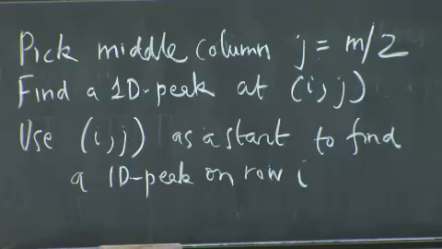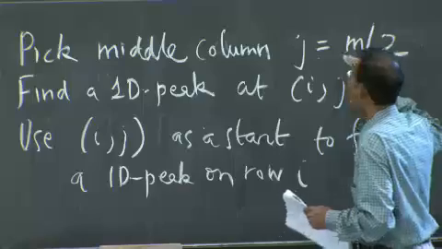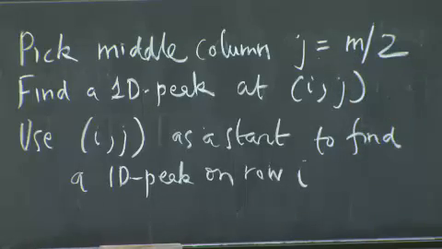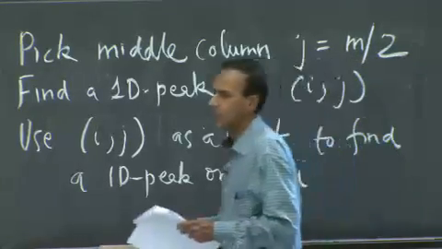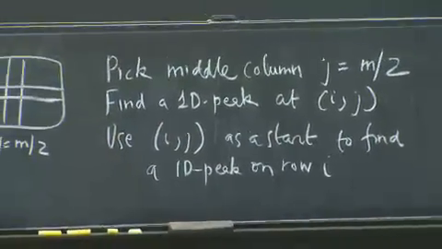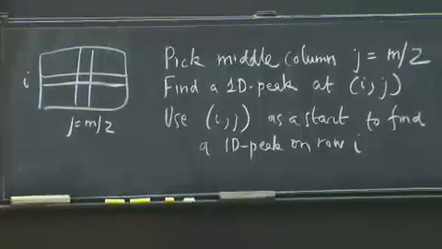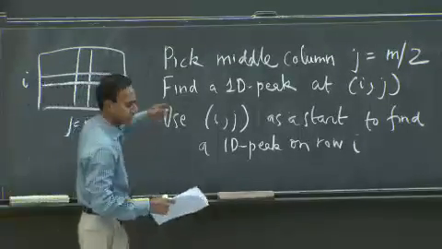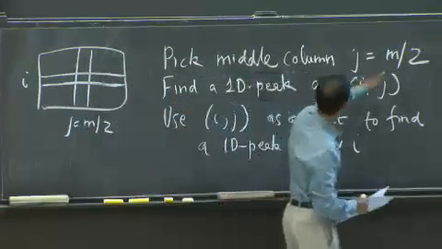And I stand up here and I'm really happy, because I say, wow, I picked a middle column, I found a 1D peak, that is log n complexity to find a 1D peak, as we argued.